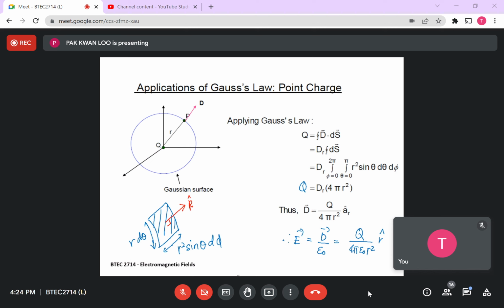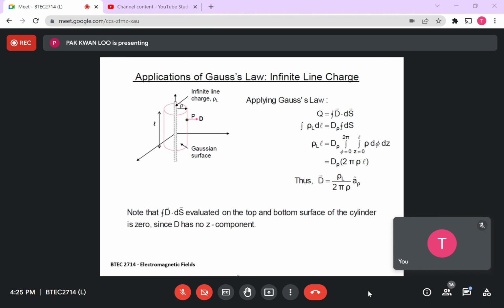Okay, so let's look at another example. We have an infinite line charge.